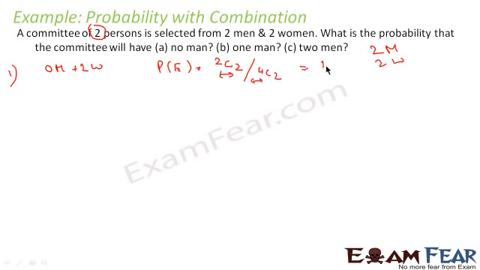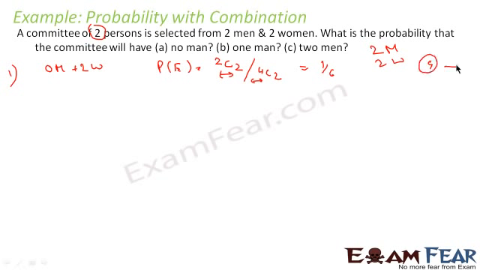0 men, 2 women: favorable event by total event. Total event is 4C2 because there are 4 people, and out of 4 we have to select 2. In the next case, 1 man is selected. It is 1 man plus 1 woman. So here when you say P(E), it will be 2C1 because 1 man is 2C1 and 1 woman is 2C1. The whole thing, when you divide by 4C2, the total event, we get 2 by 3.